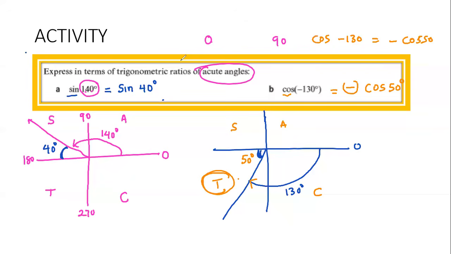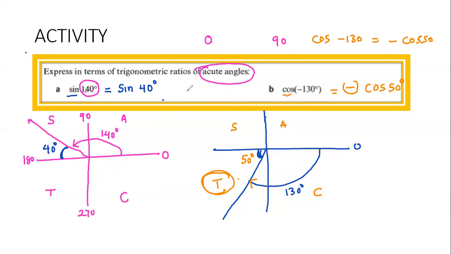Sir, I was asking, is negative cos of 50 the same as cos of negative 50? You're asking, is cos of negative 50 degrees the same as negative cos of 50 degrees?